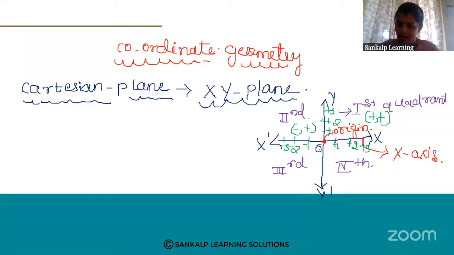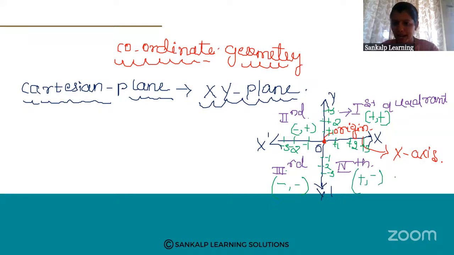In the third quadrant, minus 1, minus 2, minus 3, both axes are negative, that is minus, minus. In the fourth quadrant, x is positive and y is negative.